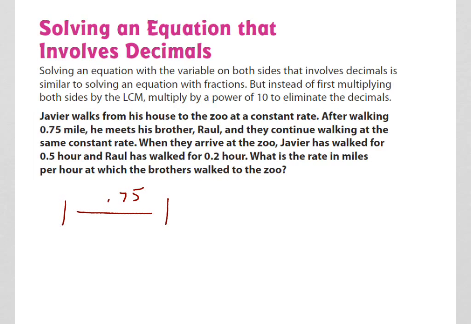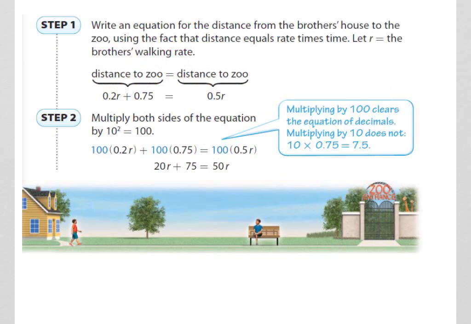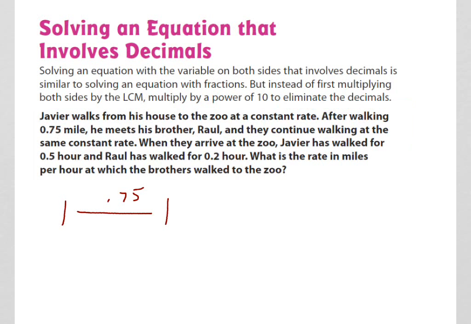So you have to think about now how far Raul and Javier had walked. So let's go back and see what they're talking about. It says now the distance to the zoo is 0.5. Where do you think the 0.5 came from? When we go back and look, it says when they arrived at the zoo, Javier has walked for 0.5 hour and Raul has walked for 0.2.